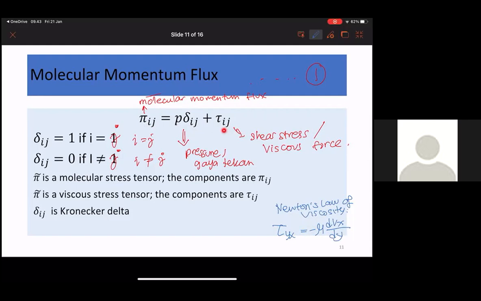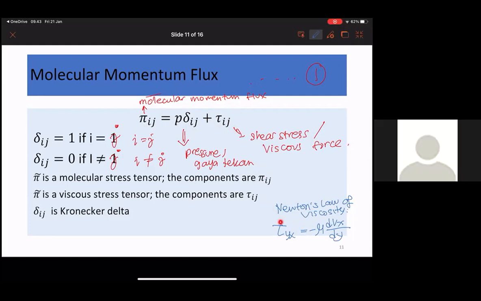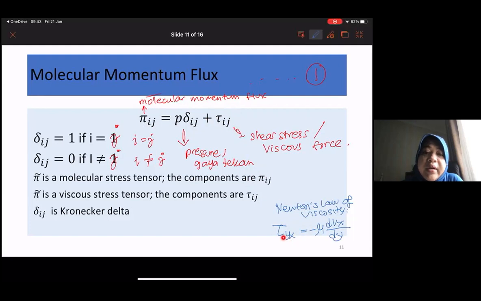Yeah, Christian. So I think probably Newton's law of viscosity can be somewhat substituted into the momentum flux equation. Is that correct? Yeah, that's right. So this actually contributes to this one. Like I said, it really depends on the coordinate, Cartesian or later on cylindrical.